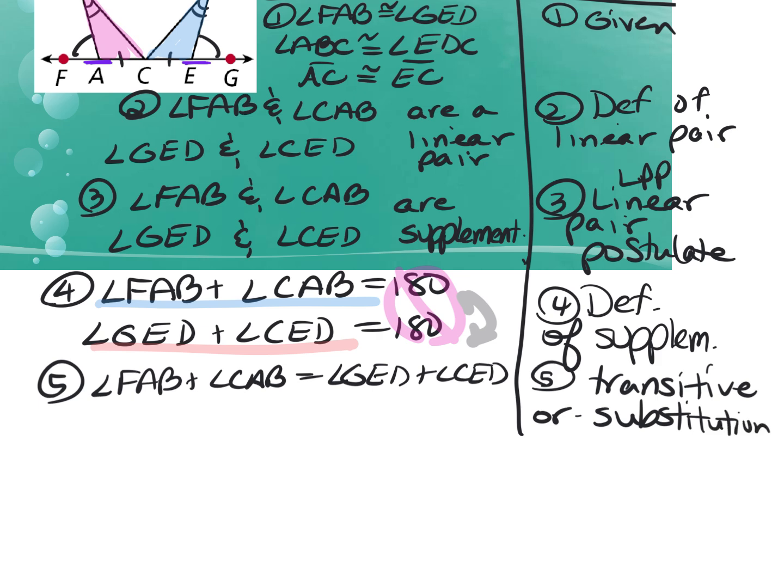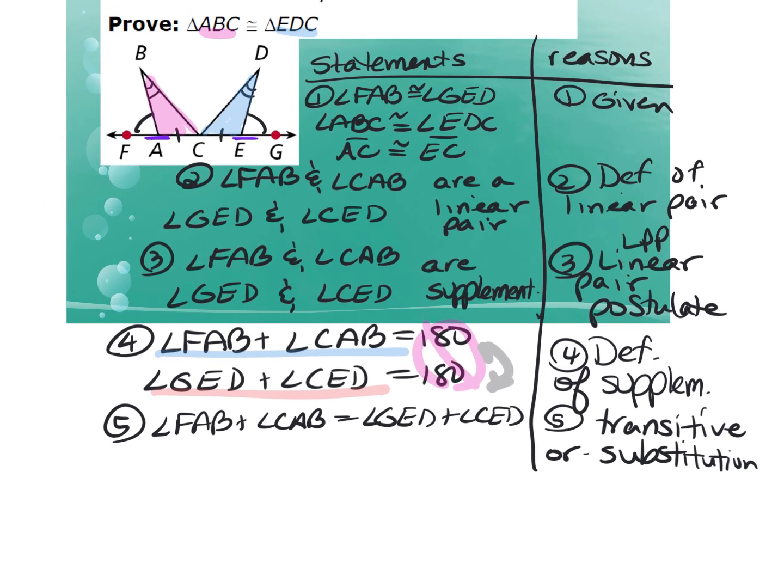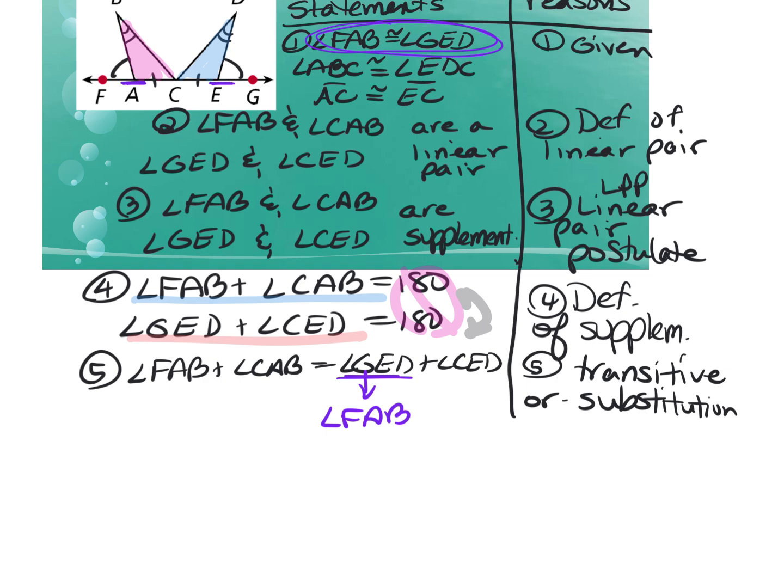Next, what I'm going to do is go back to my given. Since I was told at the beginning that FAB and GED are congruent, I'm going to replace GED with what it equals, which is FAB. So this is my one substitution here.